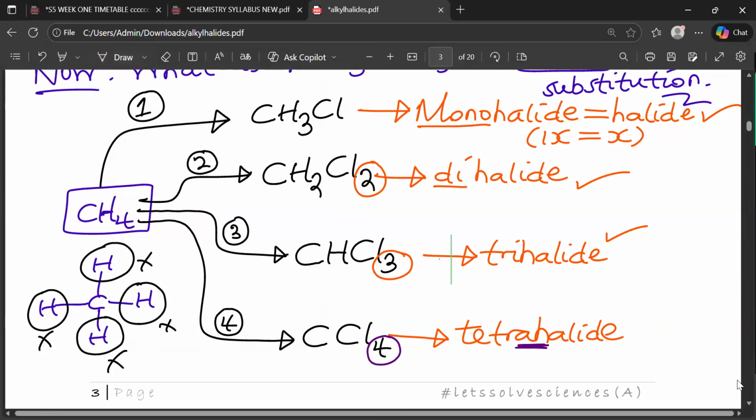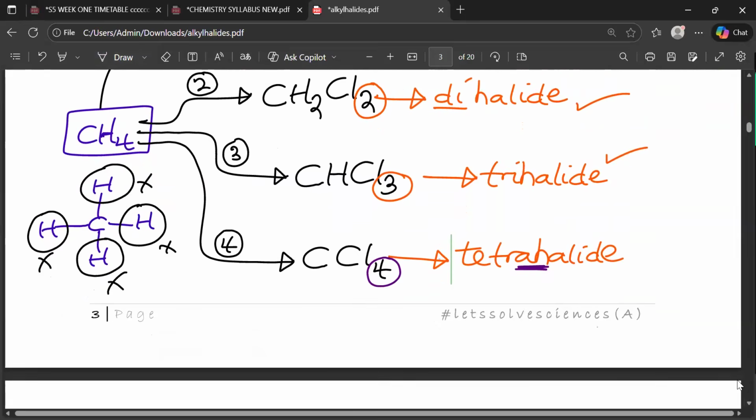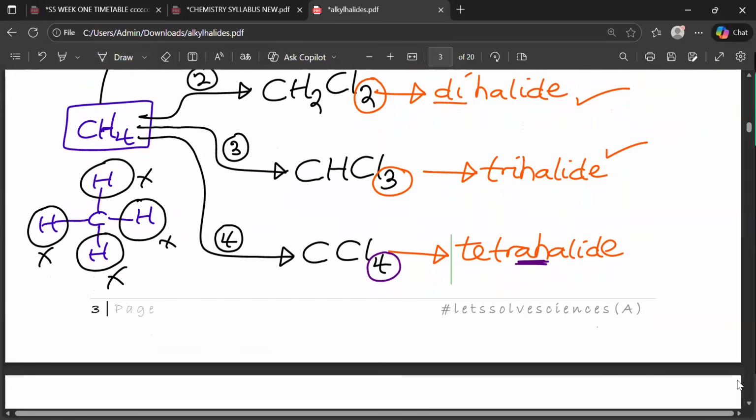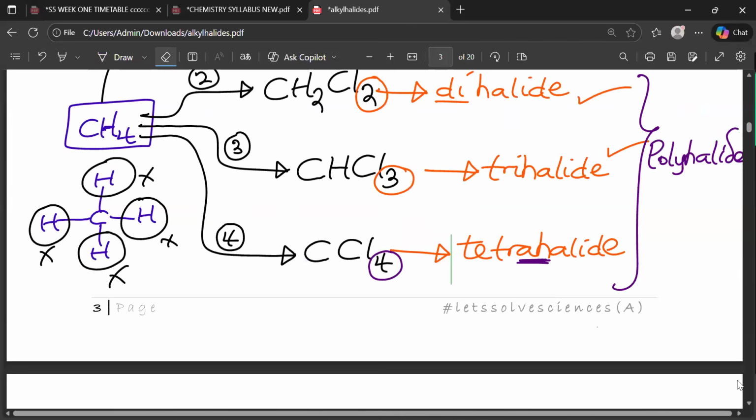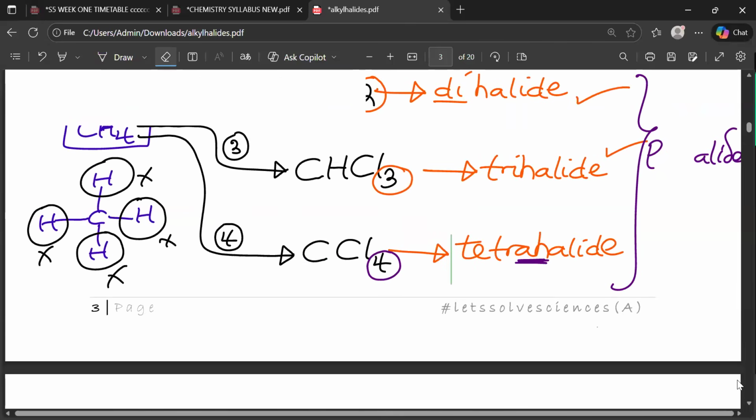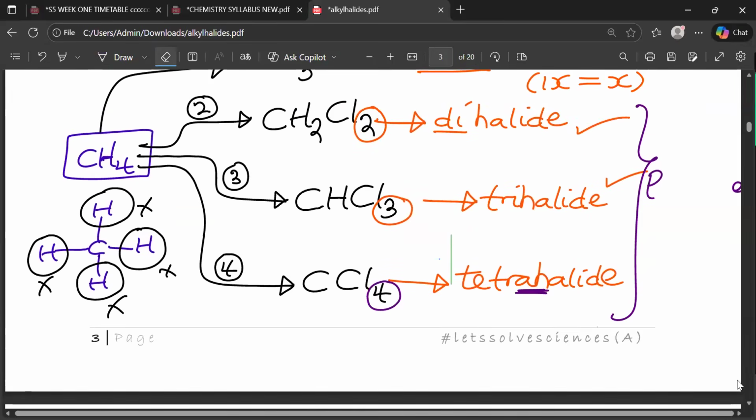And I don't want you to be surprised. You people have heard of monomers, you people have heard of polymers. You get the point? You've heard of those things. So don't be surprised when they tell you that, oh, those three, they are what they call polyhalides. Polyhalides. Just like you see from monomers, we have polymers.